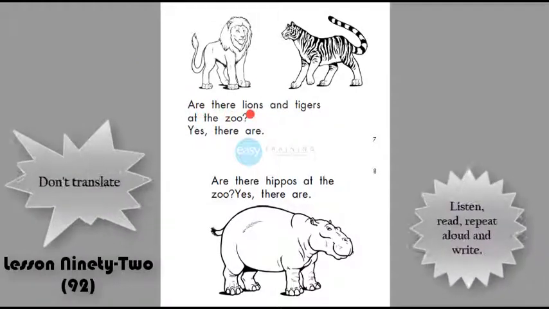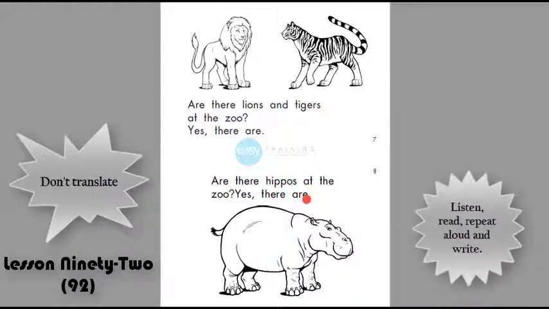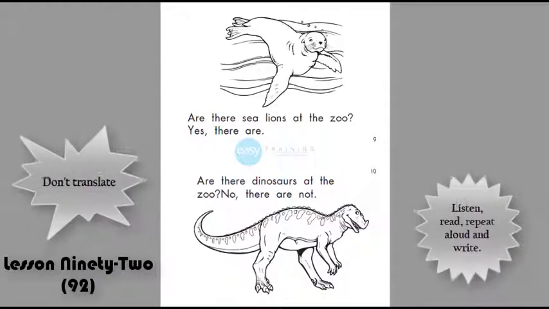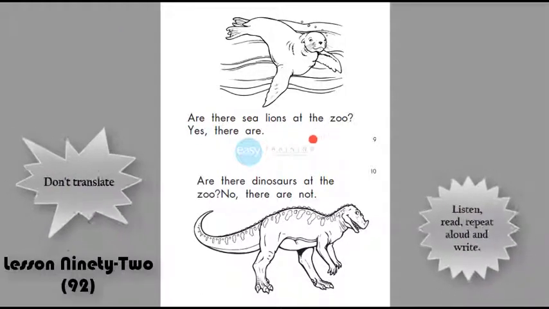Are there lions and tigers at the zoo? Yes, there are. Are there hippos at the zoo? Yes, there are. Are there sea lions at the zoo? Yes, there are. Are there dinosaurs at the zoo?